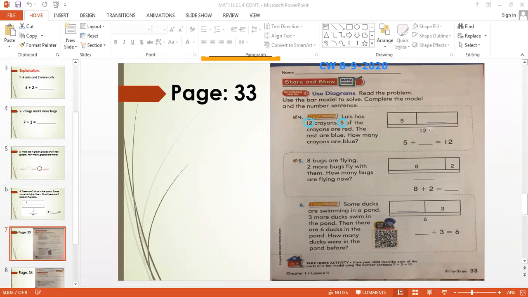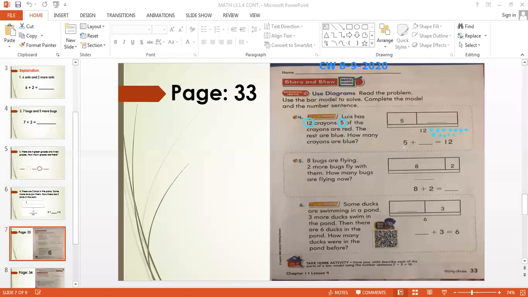So let's draw 1, 2, 3, 4, 5, 6, 7, 8, 9, 10, 11, 12. So you have here 12.